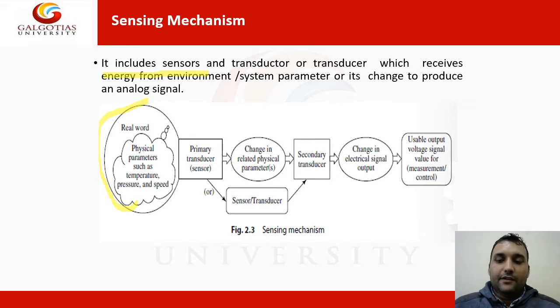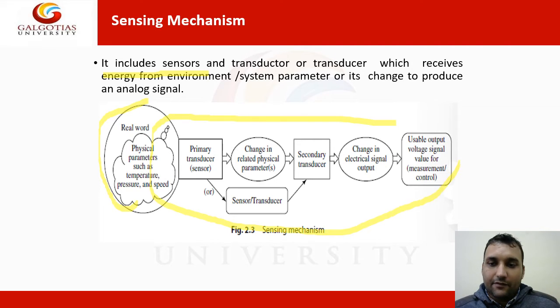Then this data is sent to the secondary transducer. Then there is a change in electrical signal, that is the output. Then this signal is converted further to some output voltage signal, that is the value for measurement control. And this is how sensor technology works.